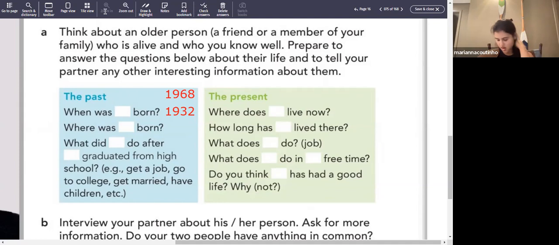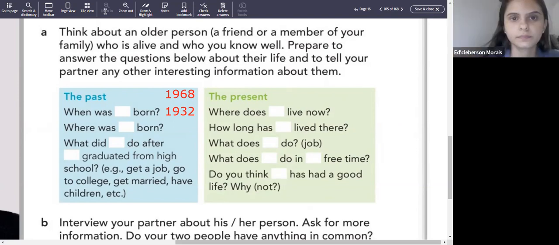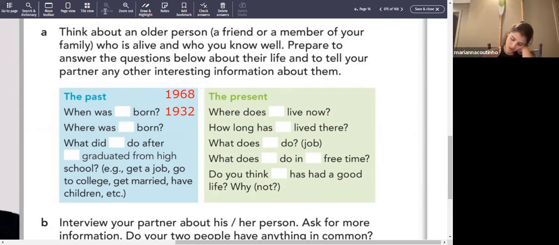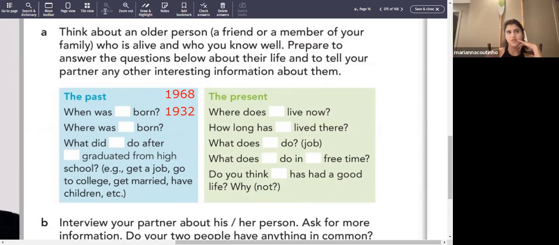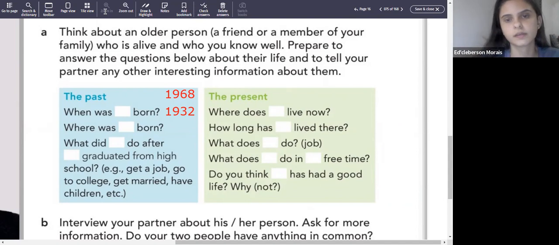He worked with pecuária. Okay, with animals? With cows, with a fazenda. Okay, with a farm. All right, these kind of things. Awesome.